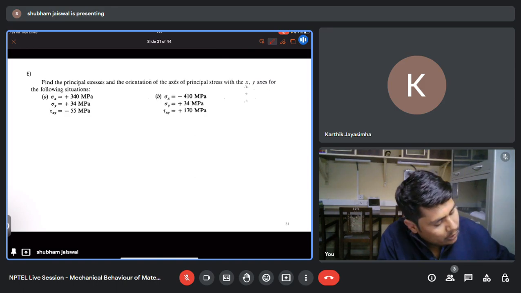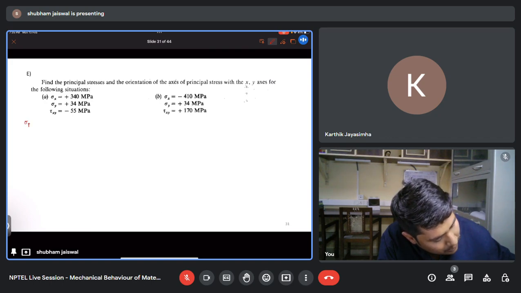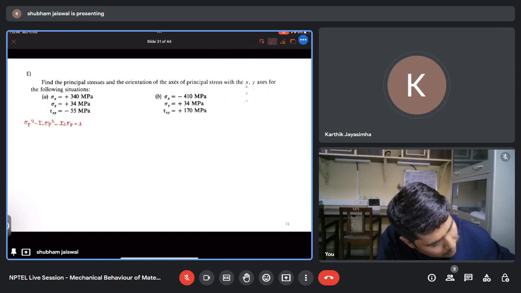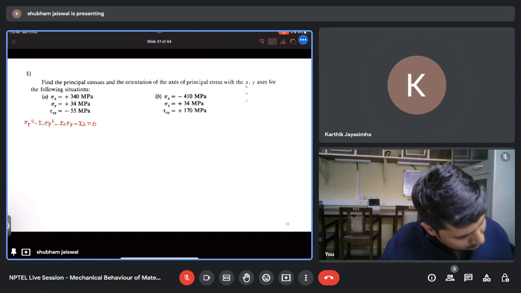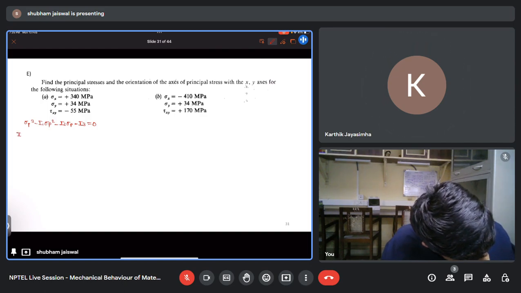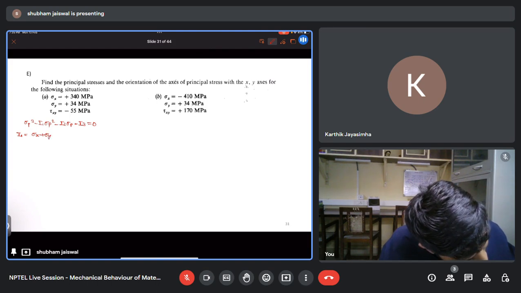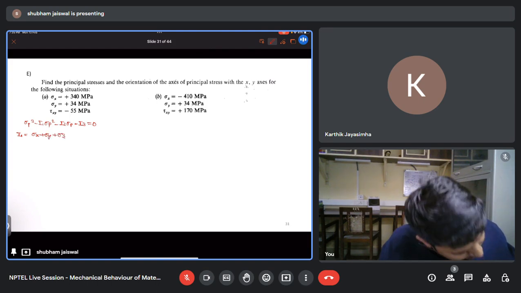So we will be using the equation sigma p cube minus I1 sigma p square minus I2 sigma p minus I3 equal to 0. Here I1 is equal to sigma x plus sigma y plus sigma z.